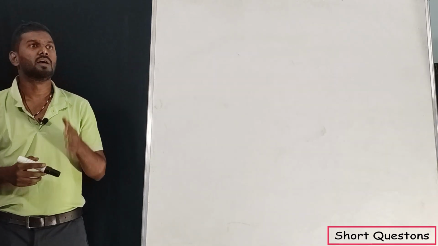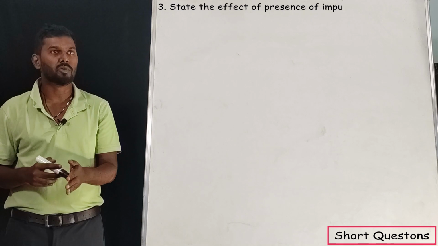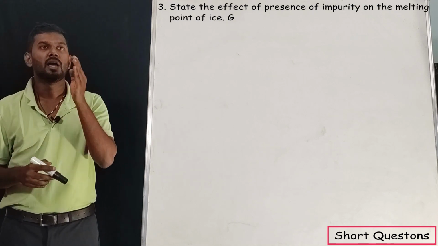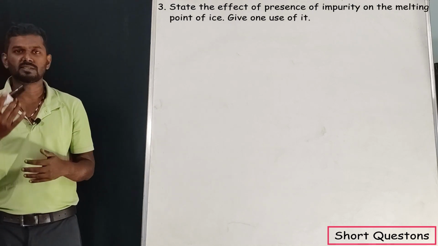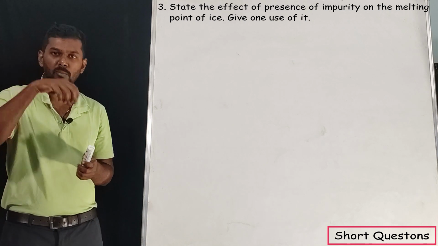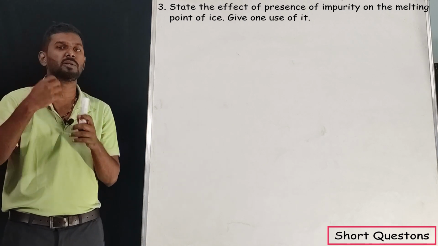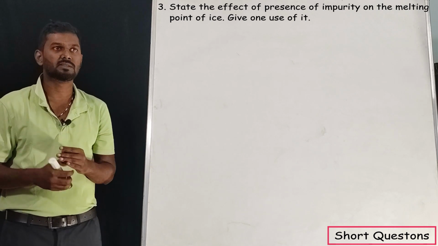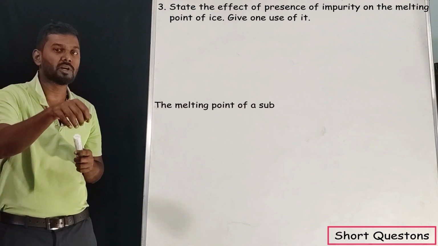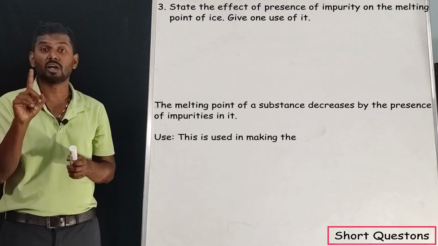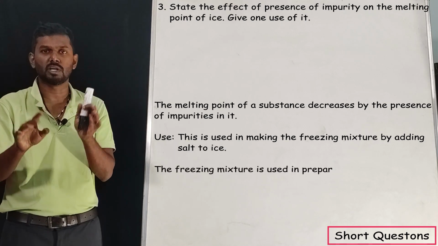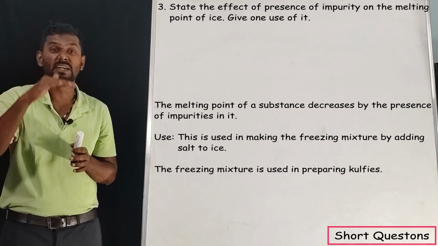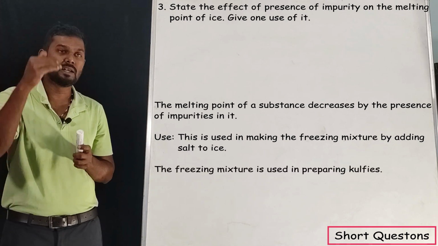Our next question: state the effect of the presence of impurity on the melting point of ice. Give one use of it. They are asking, when you add some impurity to a substance, what happens to its melting point? Whether it increases or decreases. Whenever we add impurities, the melting point, we are not talking about boiling or freezing point, decreases.